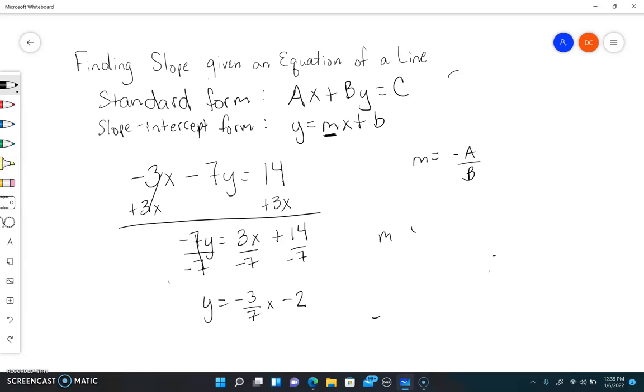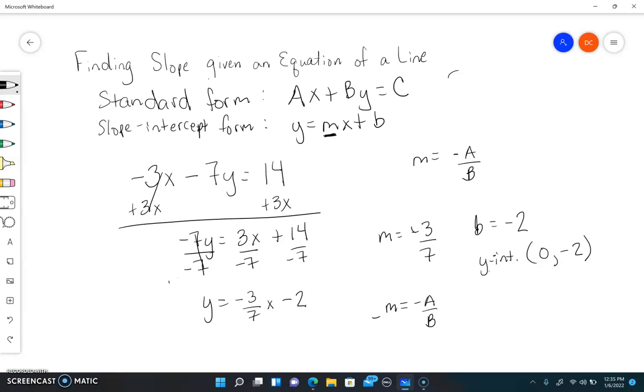Again, here, my slope is negative 3 over 7. And my b, or my y-intercept, is negative 2, right? So your y-intercept is the point of 0, negative 2, okay? And if we were using that nice negative a over b formula, right?